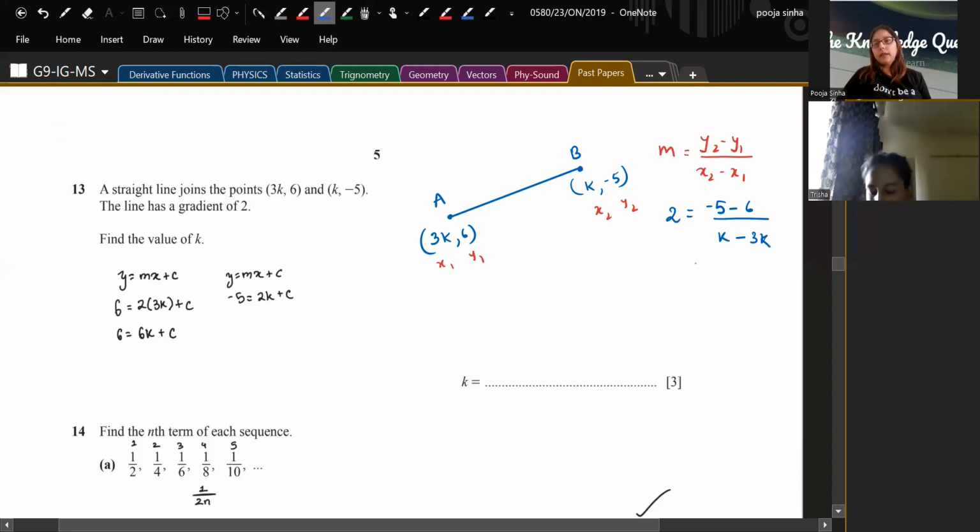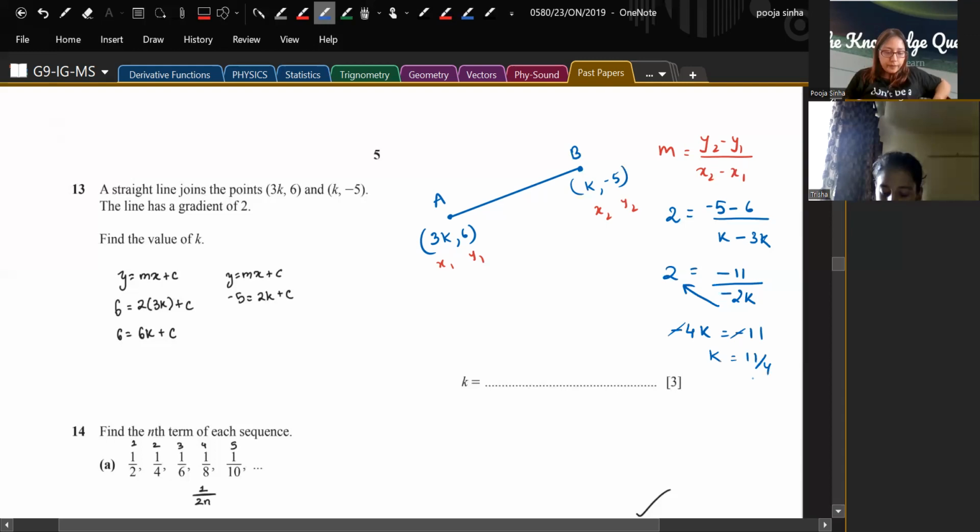Equal to minus 5 minus 6 is how much? It's minus 11. And k minus 3k is how much? Minus 2k. So this minus 2k goes up. Minus 4k equals minus 11. And minus gets cancelled. k is equal to 11 upon 4. And you can put it in the calculator to get the answer for k.